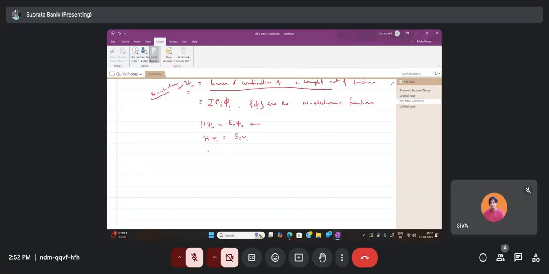Right? This is for the ground state, specifically. It doesn't matter, if you can solve this, we get the exact solution, provided this set is complete.